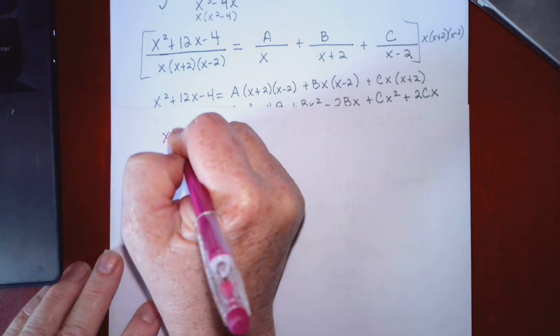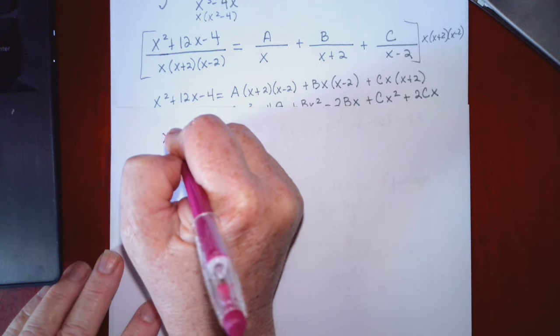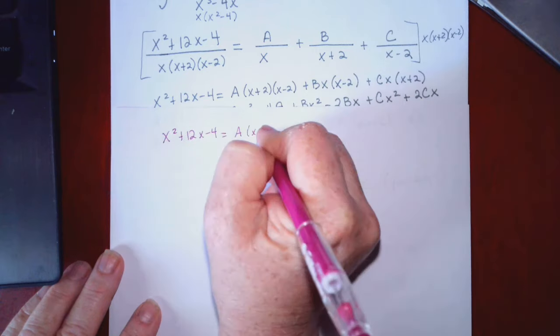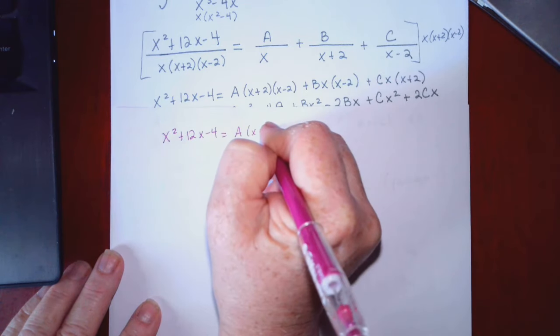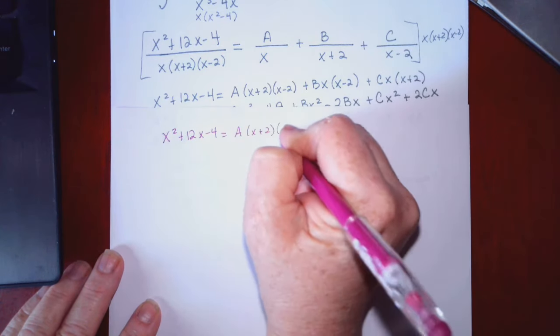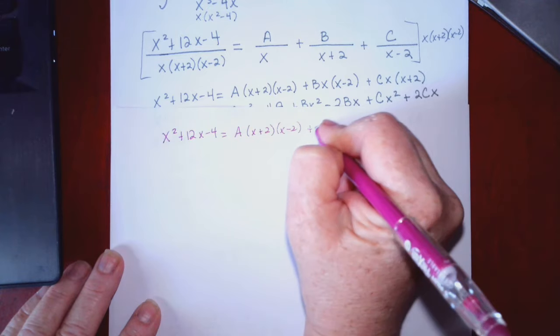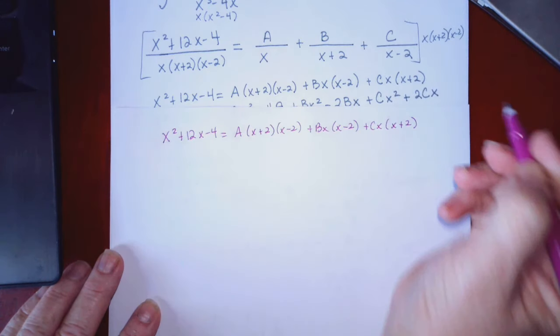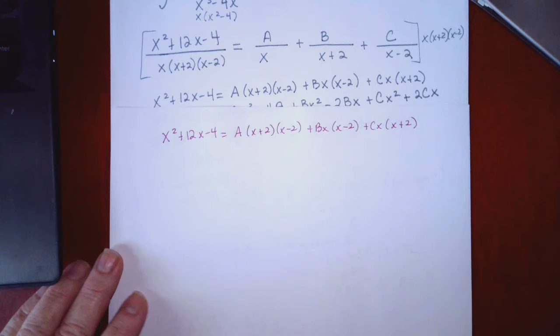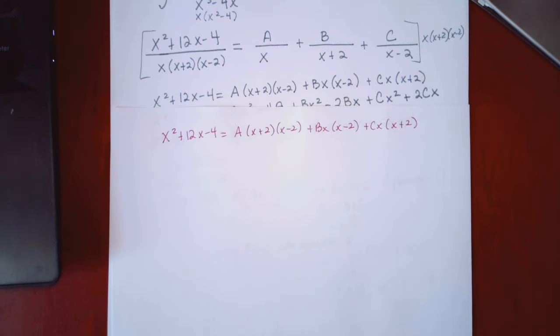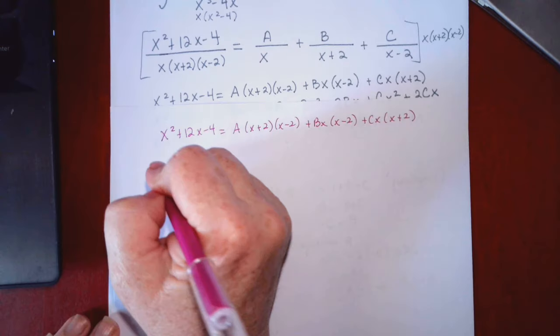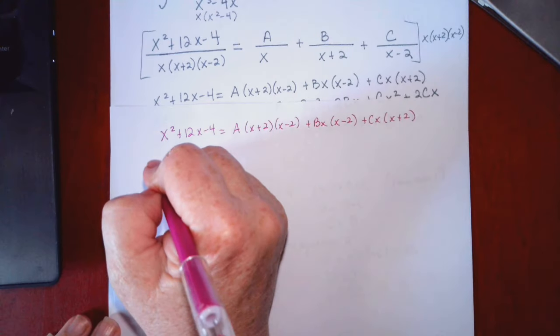We can take a little shortcut to finding A, B, and C. We're just looking for an A, a B, and a C that work. So what we're going to do is pick some, quote, smart choices for X that make some of the terms disappear.